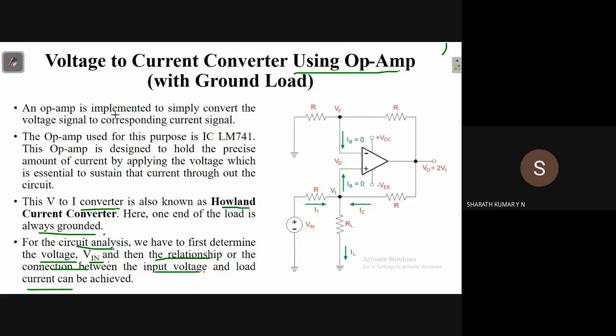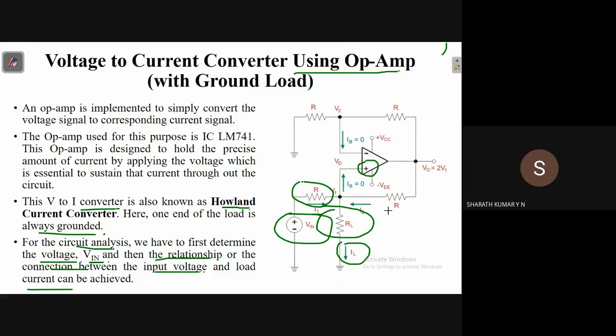If you observe the circuit, guys, the input voltage Vin is applied to the non-inverting input terminal. The load resistance is connected to ground, so there is a flow of load current through the load resistance. R happens to be the input resistance through which current I1 is flowing.